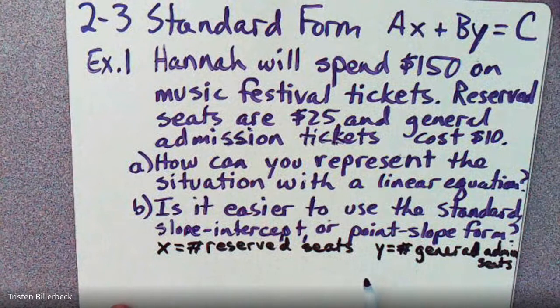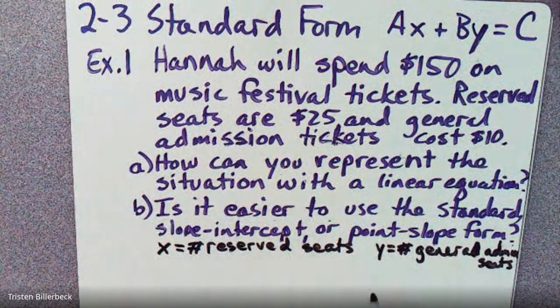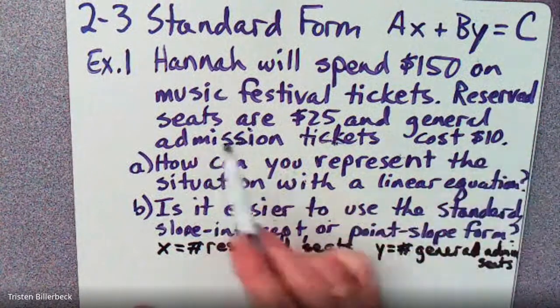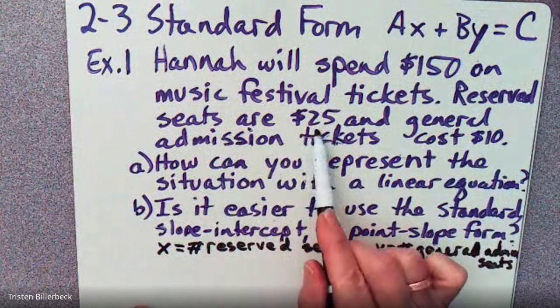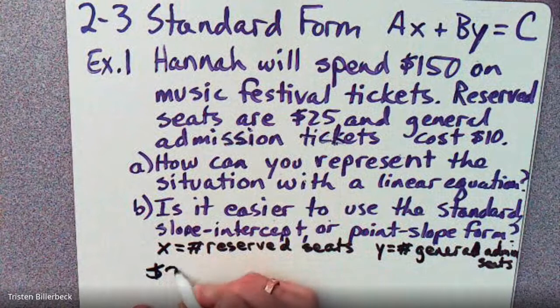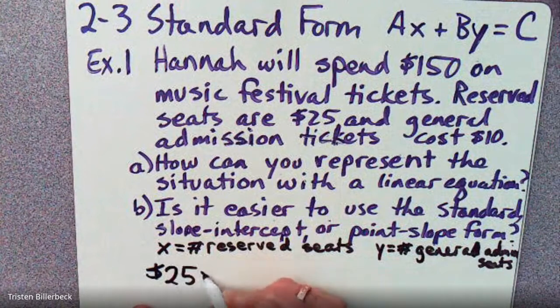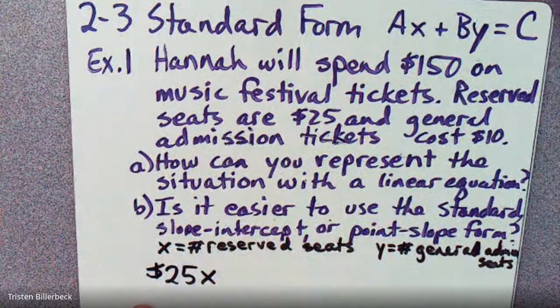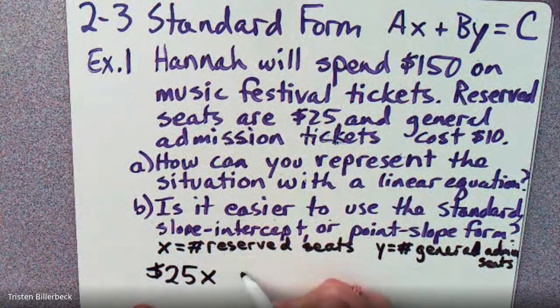So let's define the variables here as x equals the number of reserved seats and y is the number of general admission seats. We know that the reserved seats are $25, so we write $25 times the number of seats, which gives us the total amount of money for the reserved seats.